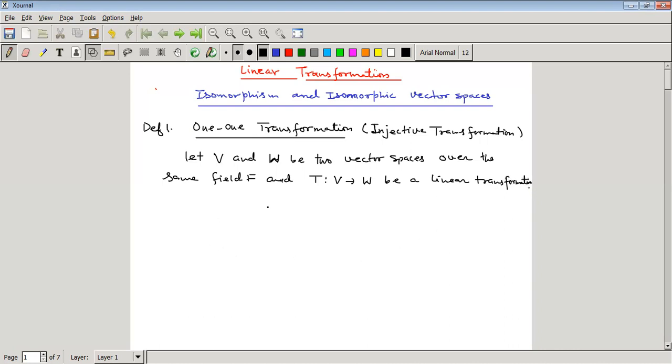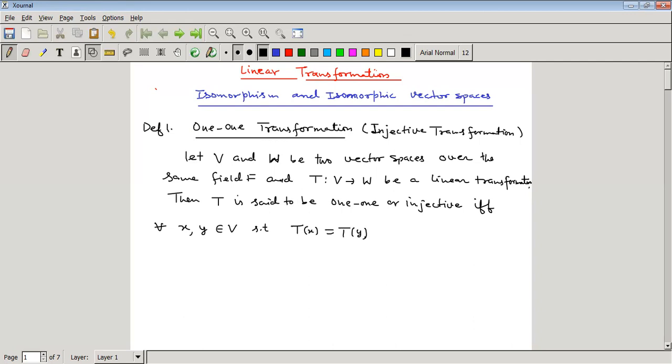Then T is said to be 1-1 or injective if and only if for all, given any x, y belongs to V, such that T of x equal to T of y implies x equal to y.